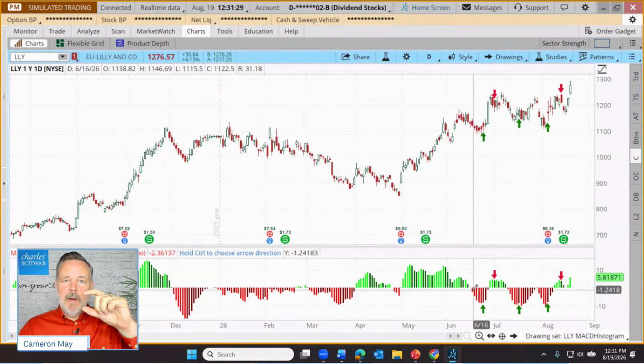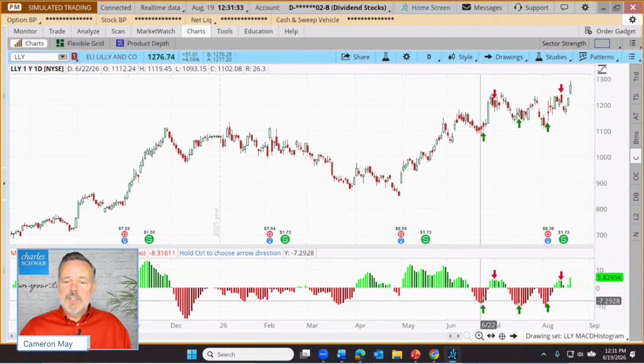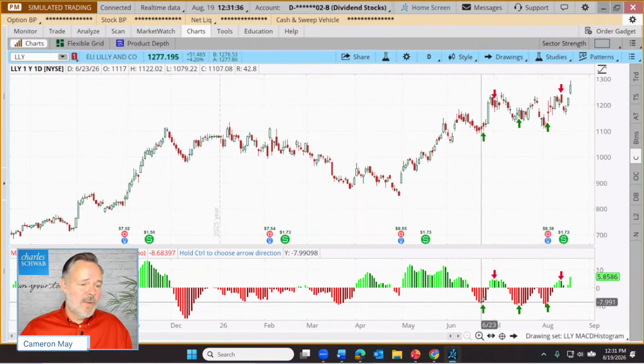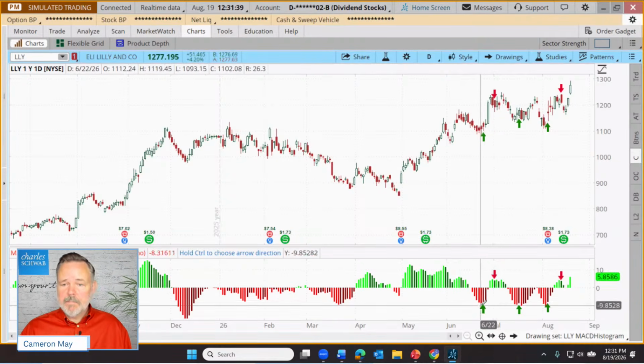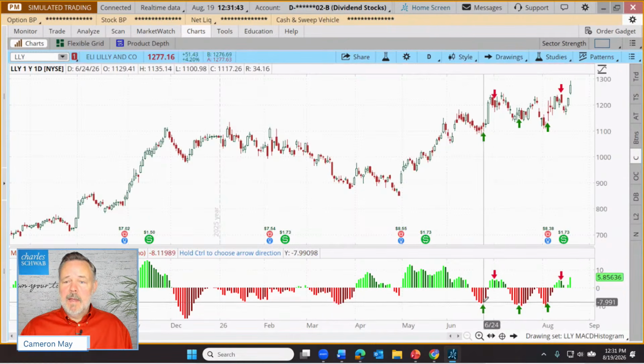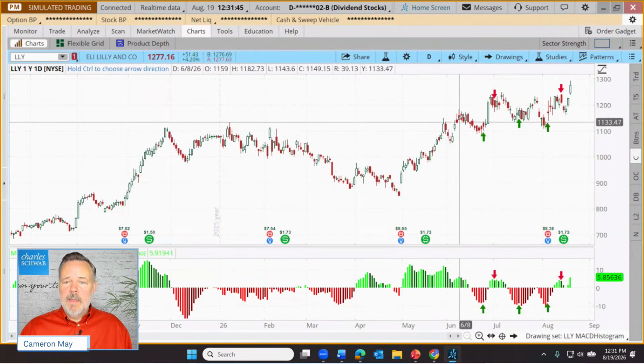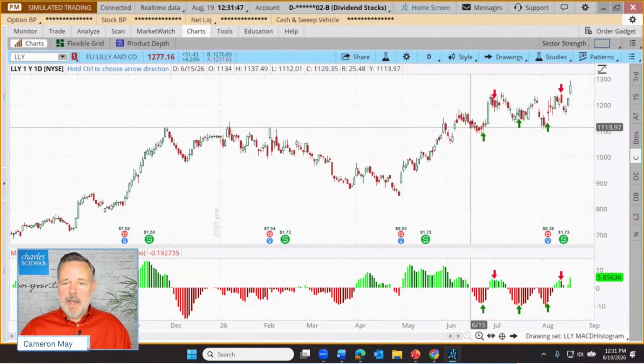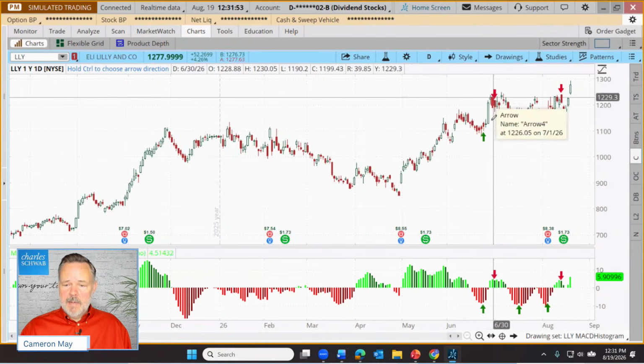If those histogram bars get shorter, in other words, we're starting to tilt up, we'll see a change in the color scheme from bright red to dark red. My word for that is it's a red shift. And that might be a signal for a trader that bearish momentum on our stock has started to shift to a bullish tendency, and maybe it's going up to a new price high.